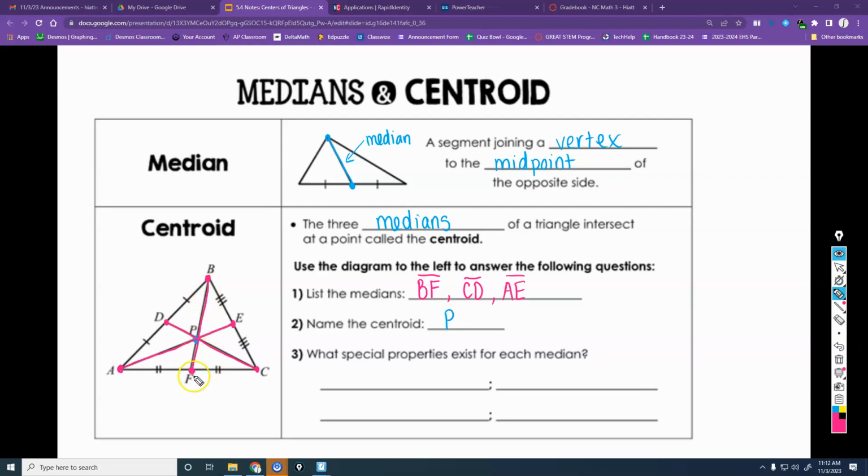So right here, if I'm looking at BF, BP would equal 2 times FP. So BP right here should be twice the length of FP. The same would be true for the other medians. So CP should be twice the length of DP.